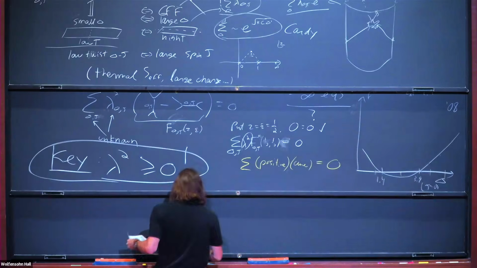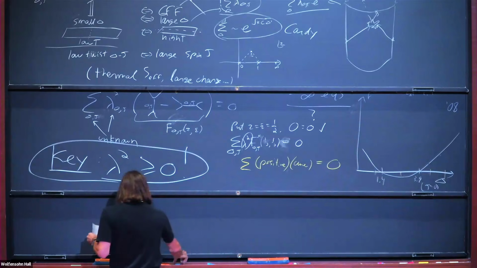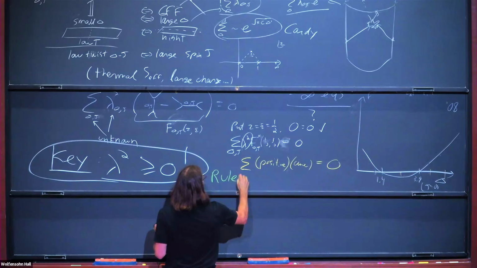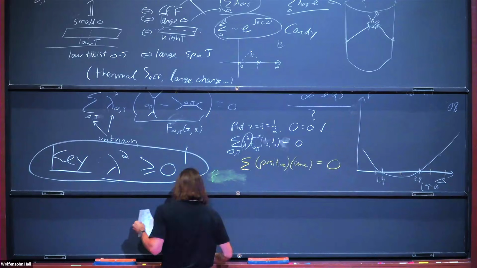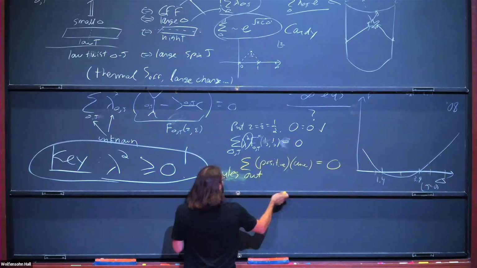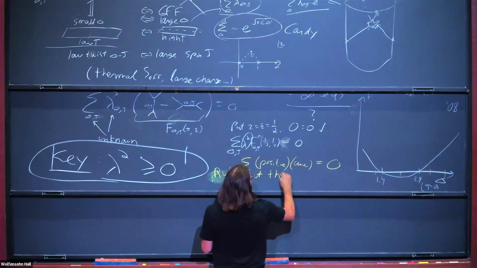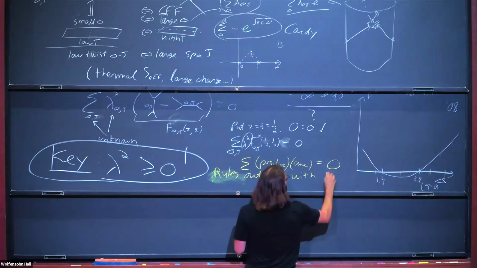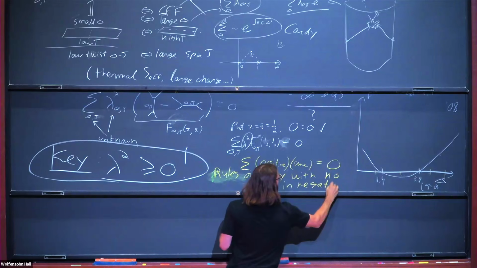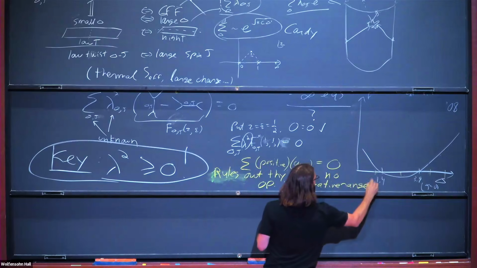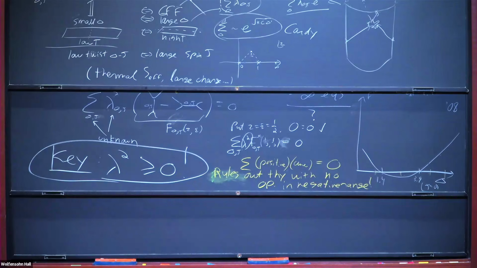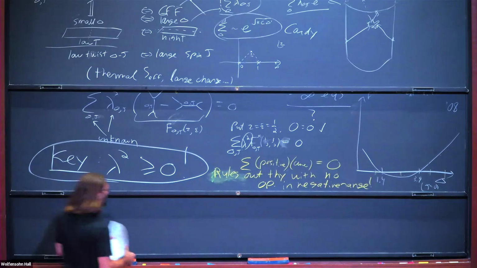Otherwise the theory is inconsistent, so the theory is ruled out. That rules out any theory with no operator in the negative range. Notice the power of this type of argument.